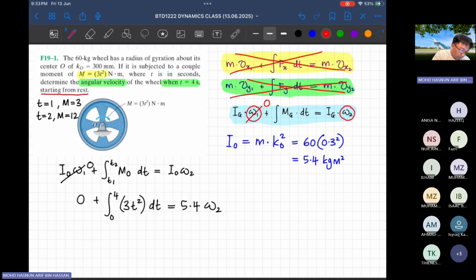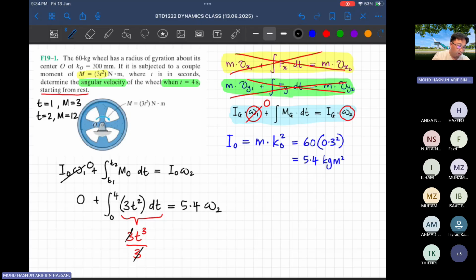So now what we need to do is to integrate this. Do you still remember integration? What is the integration of 3t squared? The answer is t cubed. Exactly, t to the power of 3. When you integrate 3t squared, it becomes 3t to the power of 3 divided by 3, so the 3 and 3 are gone.